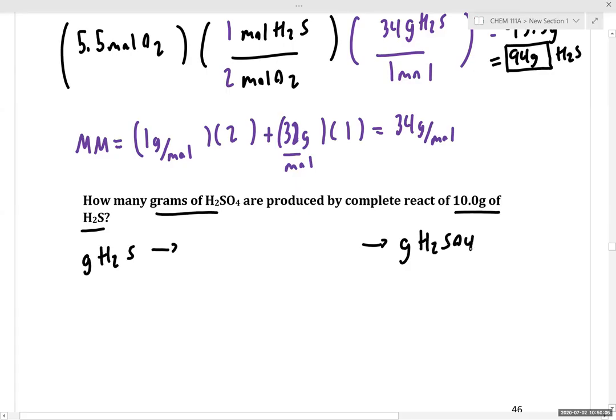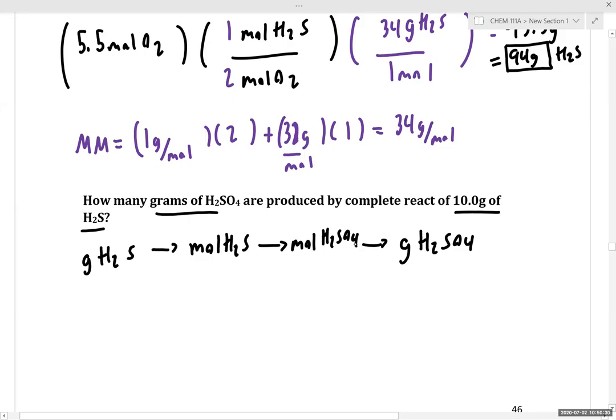So how do we relate these two chemical species? What units are we going to go through? What units allow us to relate the quantities of reactant and product? Moles, exactly right. So we're going from grams of hydrogen sulfide to moles of hydrogen sulfide to moles of sulfuric acid.